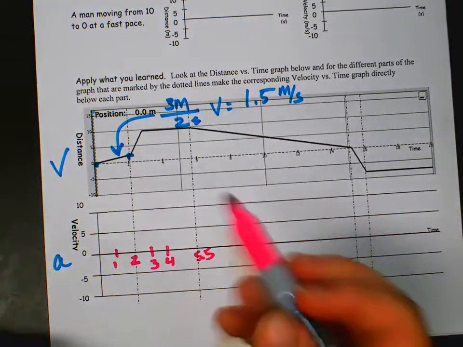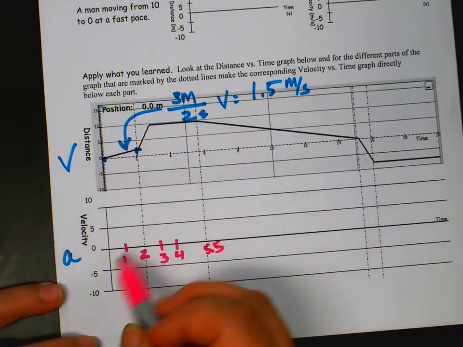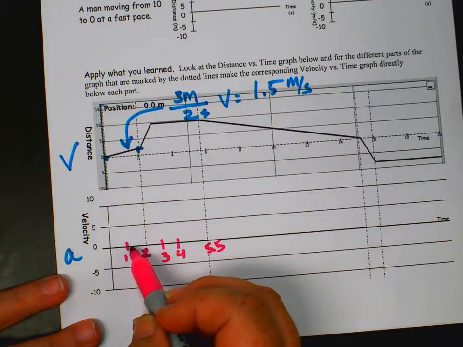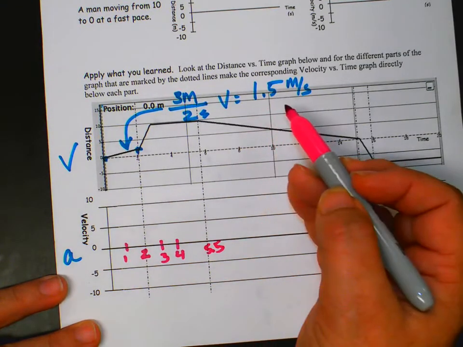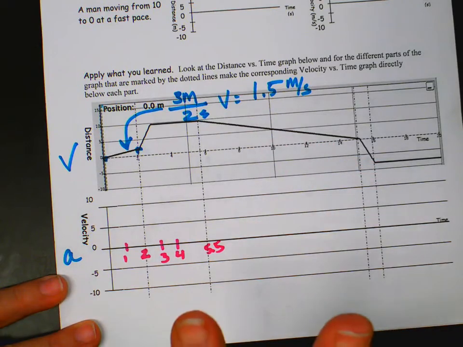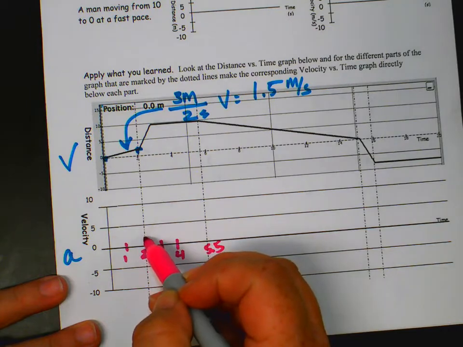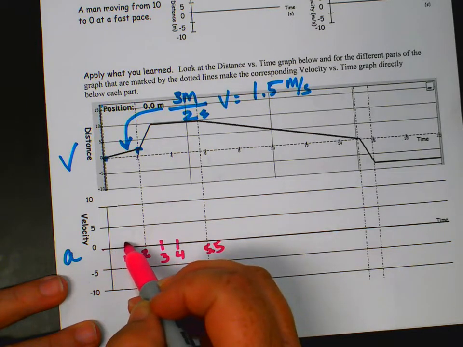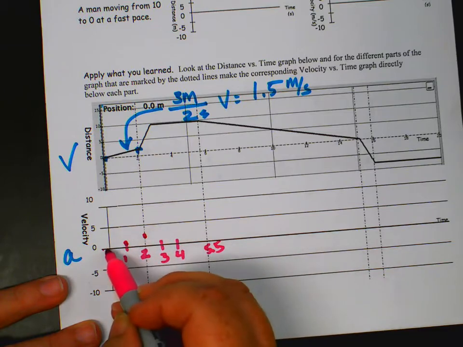So after 1 second, his velocity is going to be 1.5 meters per second, and it's going to be the same velocity for 2 seconds. So the first 2 seconds, he's going 1.5, and then he goes another 1.5.